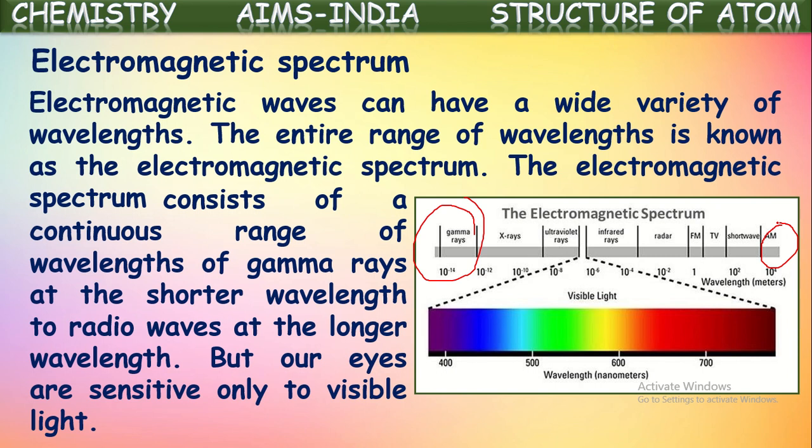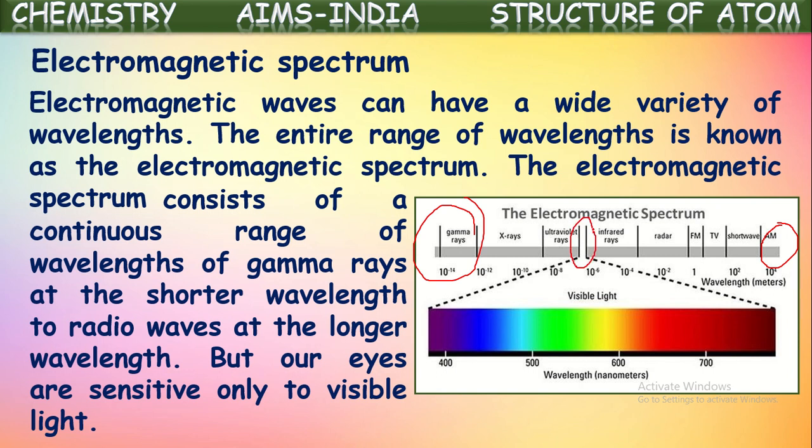This arrangement of different kinds of electromagnetic waves in the order of either increasing or decreasing frequency or wavelength is called the electromagnetic spectrum. So there are different kinds of electromagnetic waves. But out of all these, only a certain range of electromagnetic radiation can be seen with our human naked eye. That range is called visible radiation.